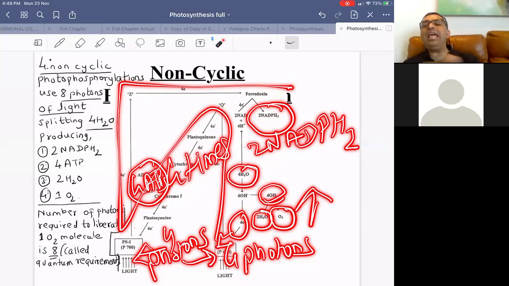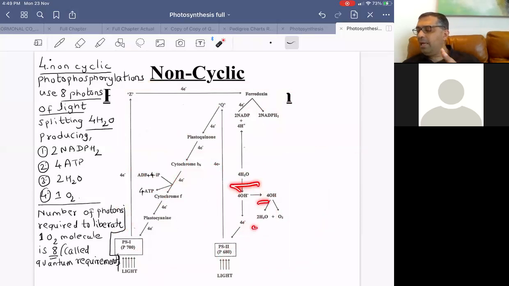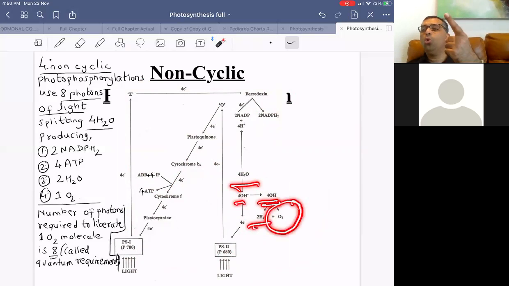So after 4 non-cyclic processes, 4 photolysis of water, 4 OH minus give 4 OH, and the 4 OH form 2H2O and liberate 1 O2, which is liberated as free gas.